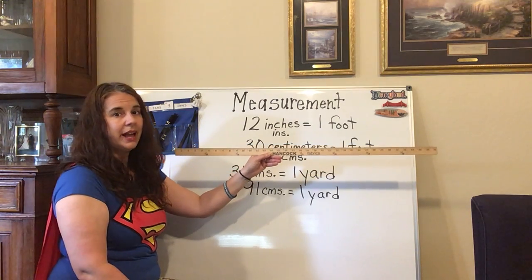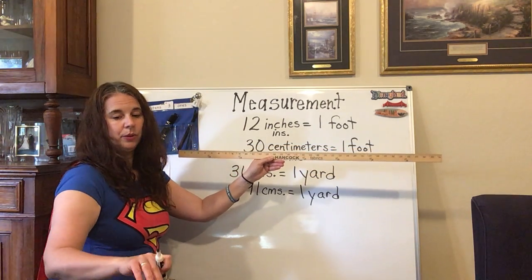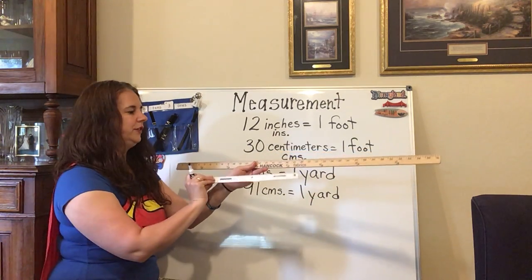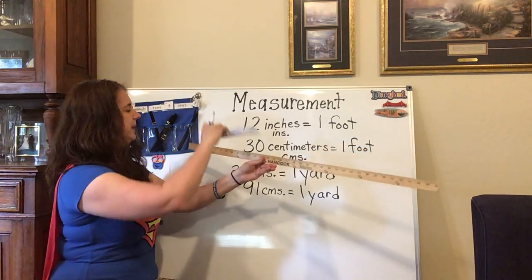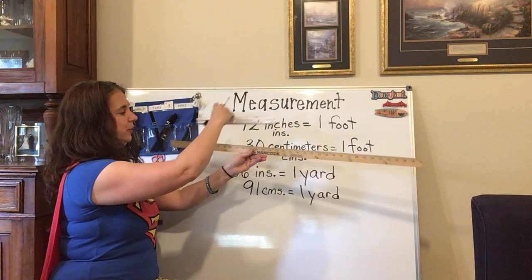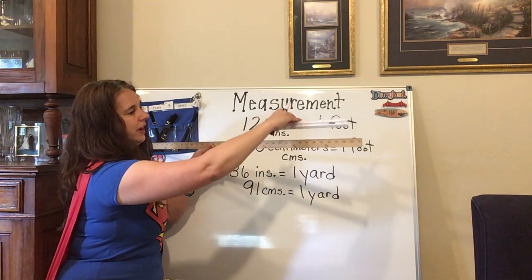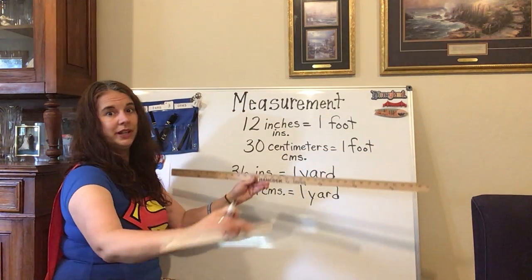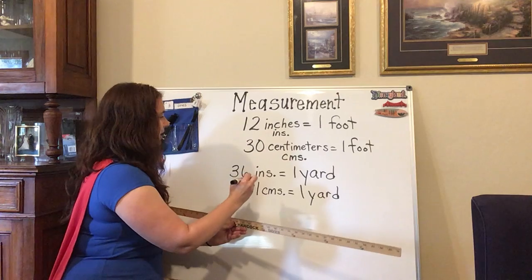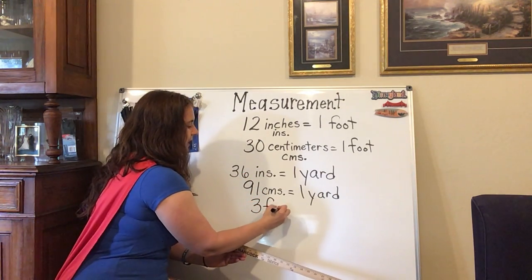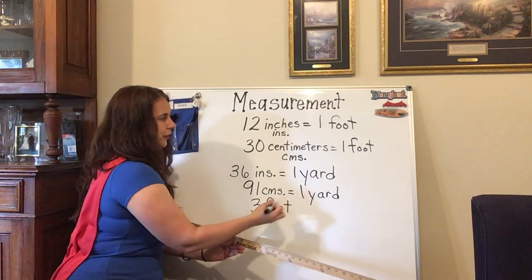Now, in class, I had some helpers, and what we did is we took our foot rulers and we had to figure out, wow, how many feet is it going to take to make a yard? And when we did that, we found out that it was 3 feet equals 1 yard. That's another thing we're going to do. So 3 feet. Now we say feet is plural for foot.